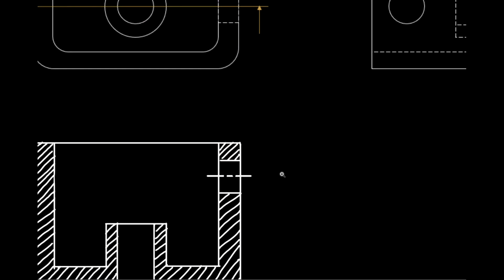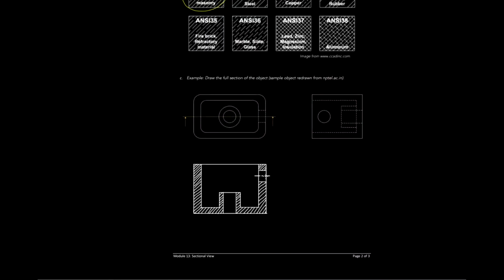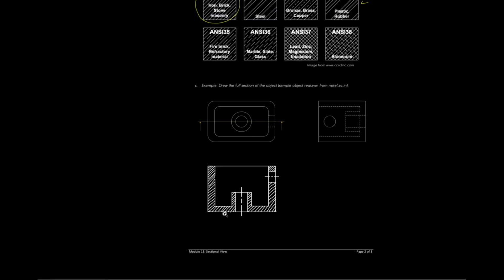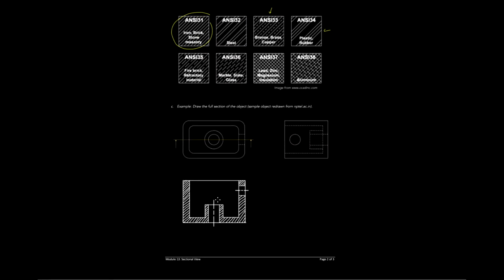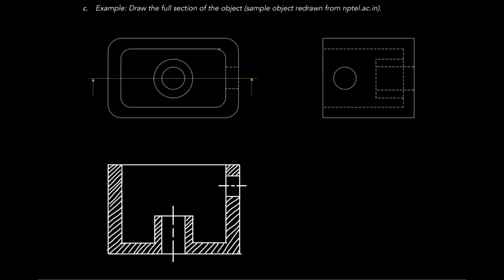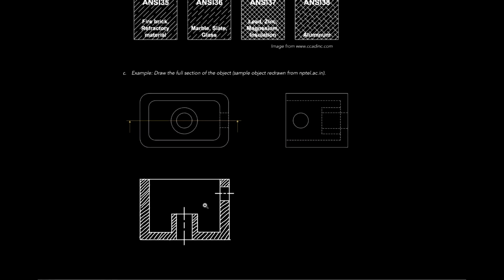Pero to indicate na ano siya, this is a curved surface and dito din, tama? This should have a ganyan. To indicate na curved surface siya. Okay? And actually, curved surface din actually itong corners, pero hindi na natin papakita. Okay, so that is what our final answer will look like.